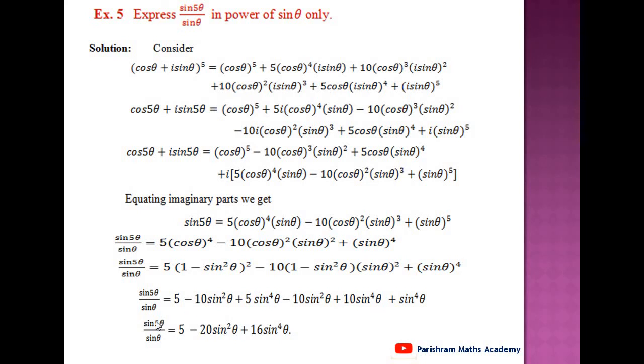And therefore sine of 5 theta upon sin theta equal to 5 minus 10, that is minus 20 sin square theta, plus 5 sin raised to 4, 10 sin raised to 4 plus sin raised to 4, that is 16 sin raised to 4 theta. This is the expansion of sine of 5 theta upon sin theta in powers of sin theta only.